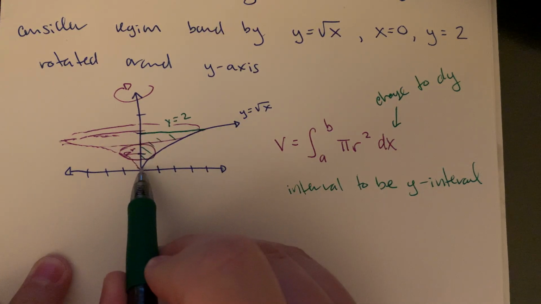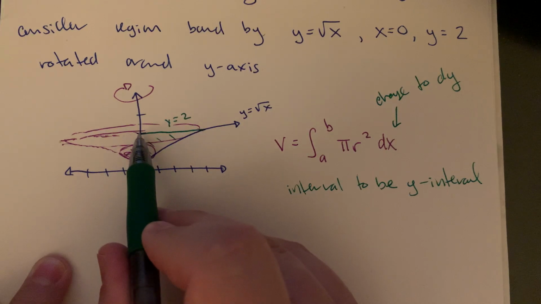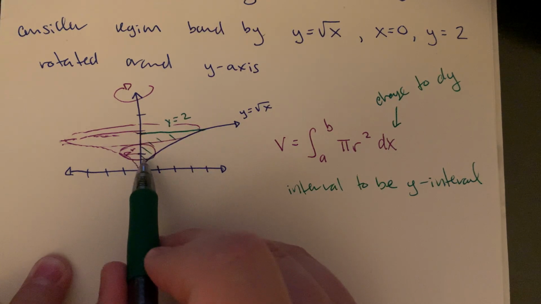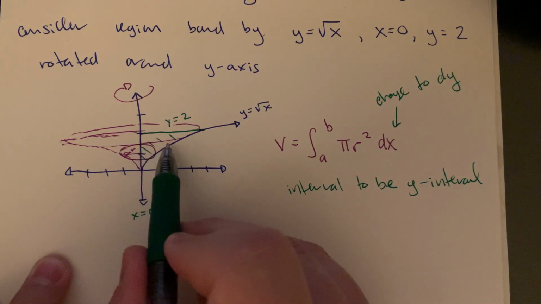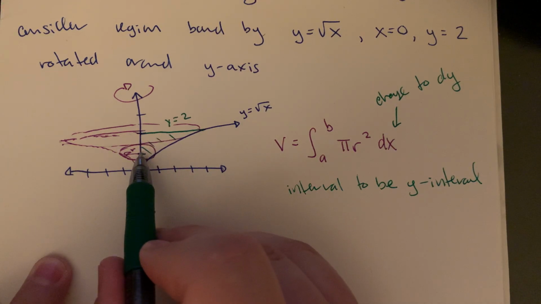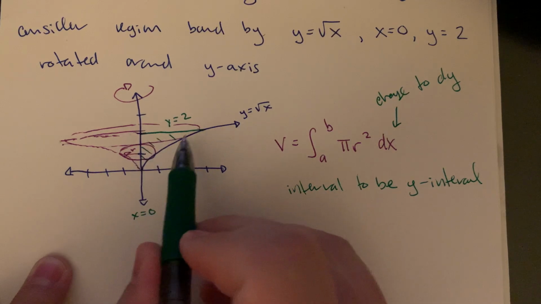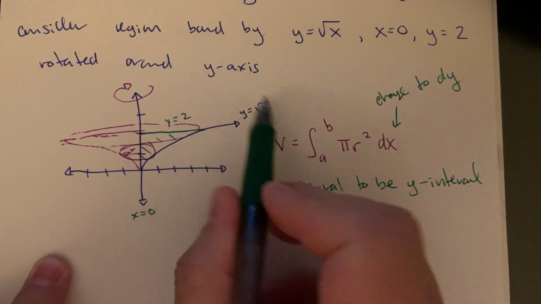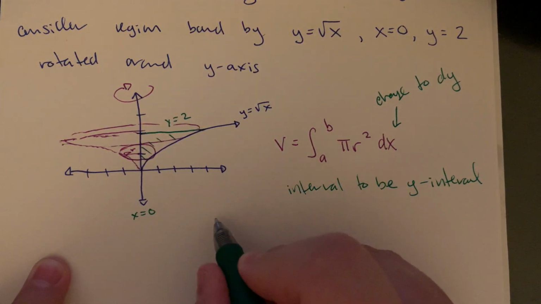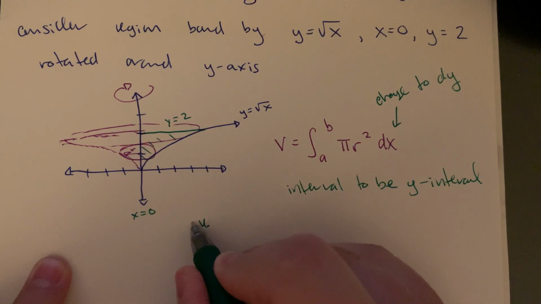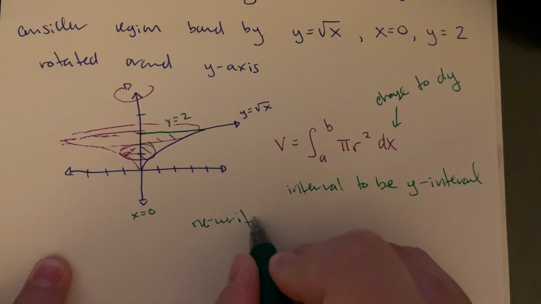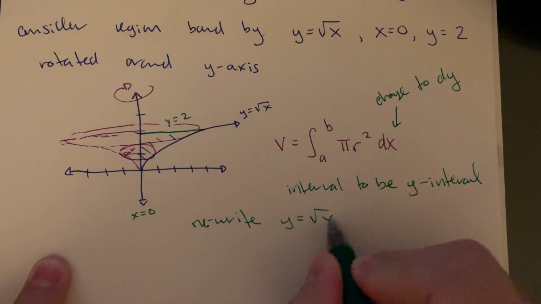So I'm running from 0 to 2 on the y-axis, and my radius values, my height values now are going from 0 out to some x equals value. The version of that I have is y equals root x. So I need to rewrite y equals root of x.